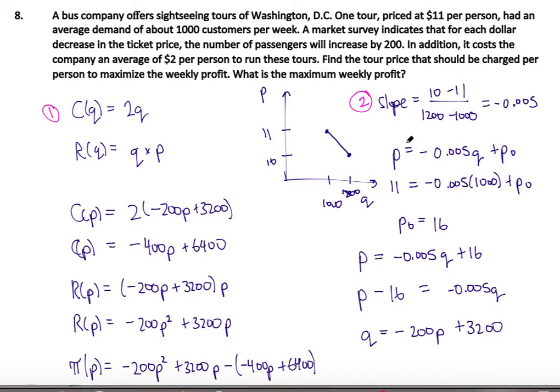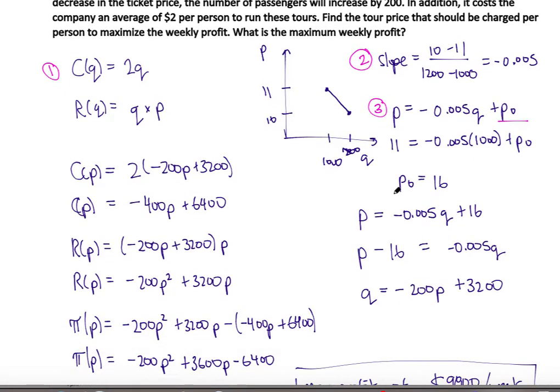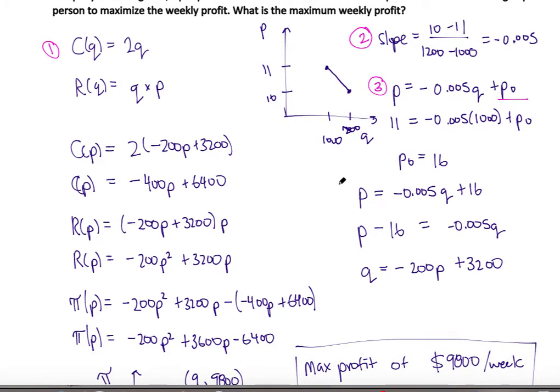And I use that slope to find an equation for price, and then I need to find the intercept for that equation. So I found the intercept for that equation, and then I came up with this equation for price. But I need Q as a function of P. So I actually invert this and get Q as a function of P.